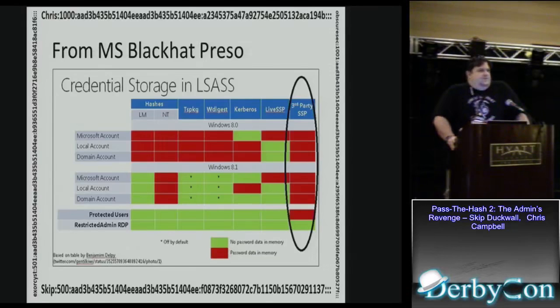Because why not enforce a strict password policy if you can just get the frickin' LM password out of memory. But anyway, the one problem is, and I think this is where everything's going to get pushed, you see this column where it says third-party SSP. So even though they're fixing the SSP behavior for their own stuff, all you have to do is load a third-party SSP, which coincidentally there's one in the SDK that you can get for Windows in all versions.